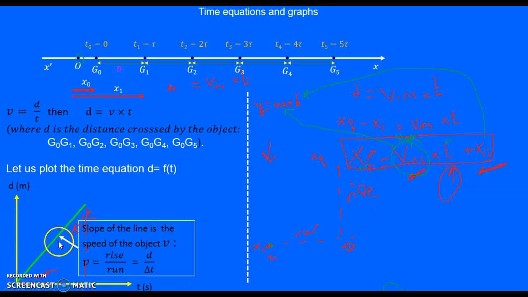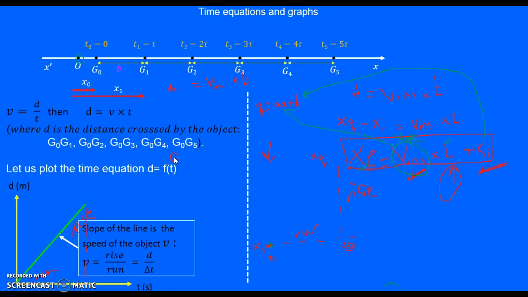This graph is an increasing straight line starting from the origin. Why is it starting from the origin? Because at t0, at this initial instant, the puck was started from rest. It was not moving, so it was not covering any distance. Then as time passes till t1, G0G1 is going to be the y for the instant t1.